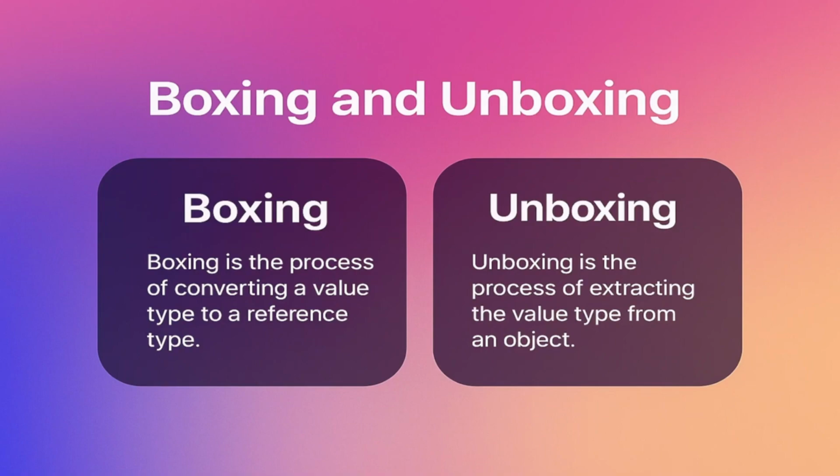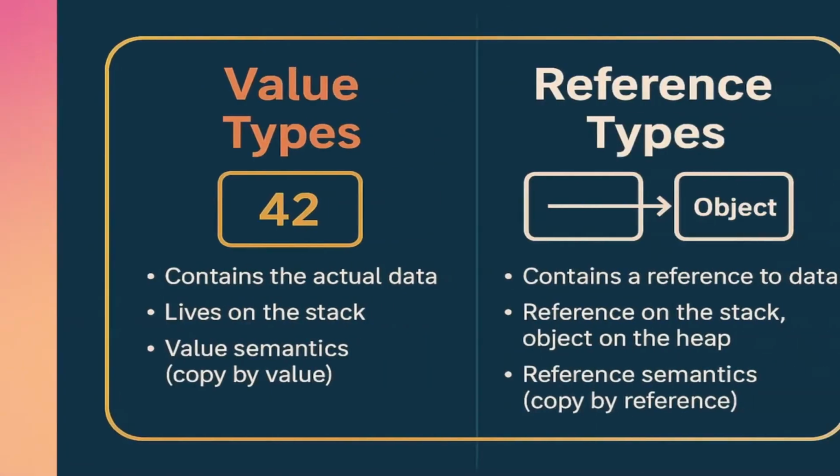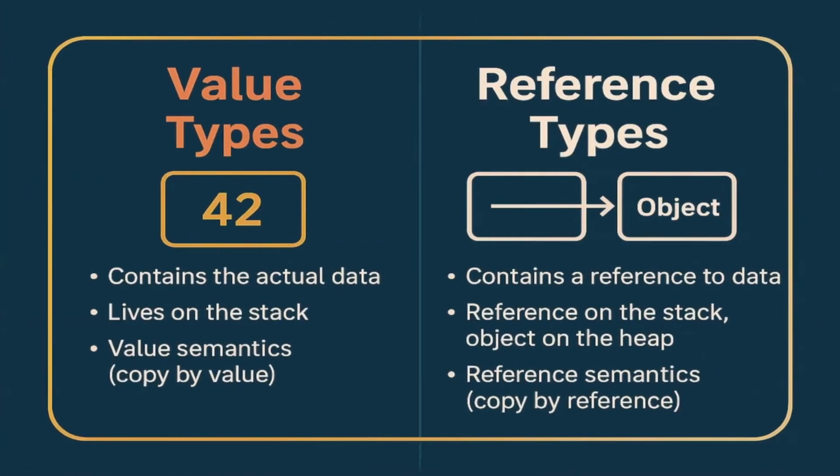That's what boxing does: you convert value type data, box it, and store it on the heap. Then when you have to unbox it, you extract that value from the heap location and put it back on the stack. So that's the fundamental difference between boxing and unboxing.